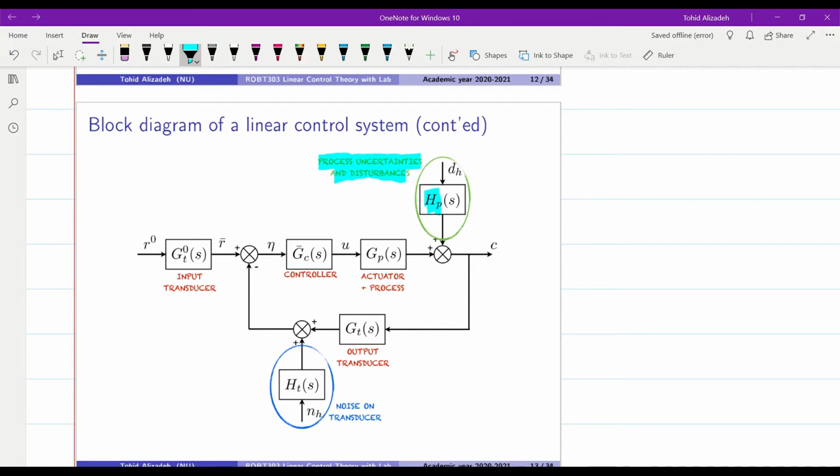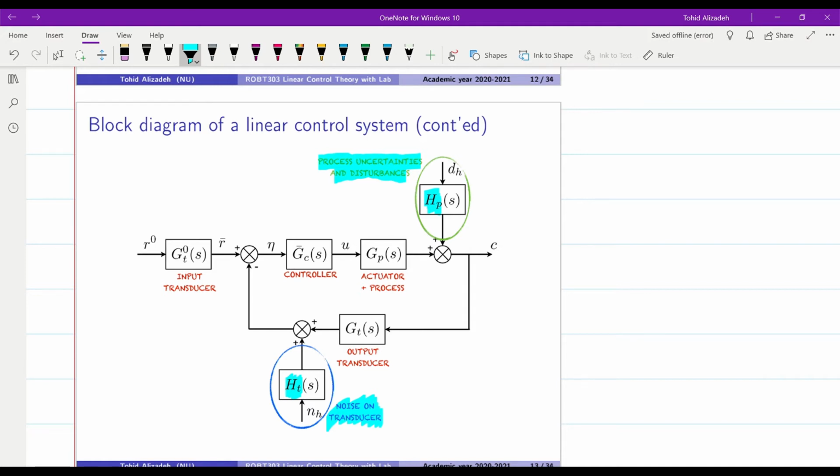But for now, just keep in mind that HP is representing a part of the system which is considered for dealing with disturbances and the process uncertainties. On the other hand, HT of S is showing us how the noise on the transducer is happening.